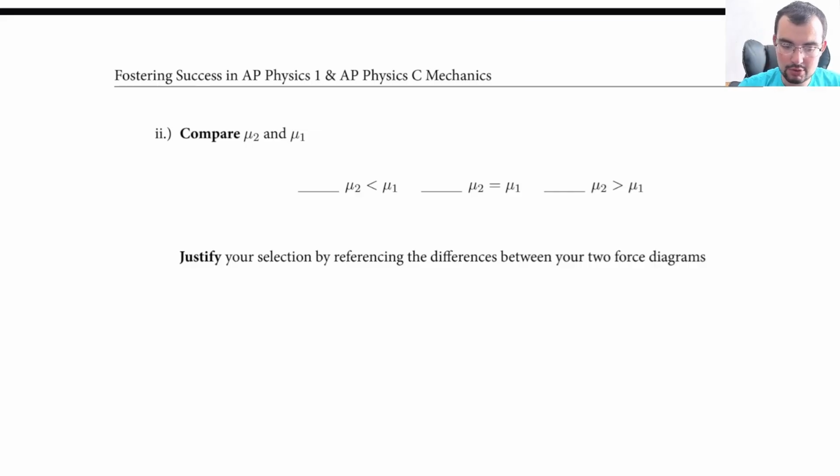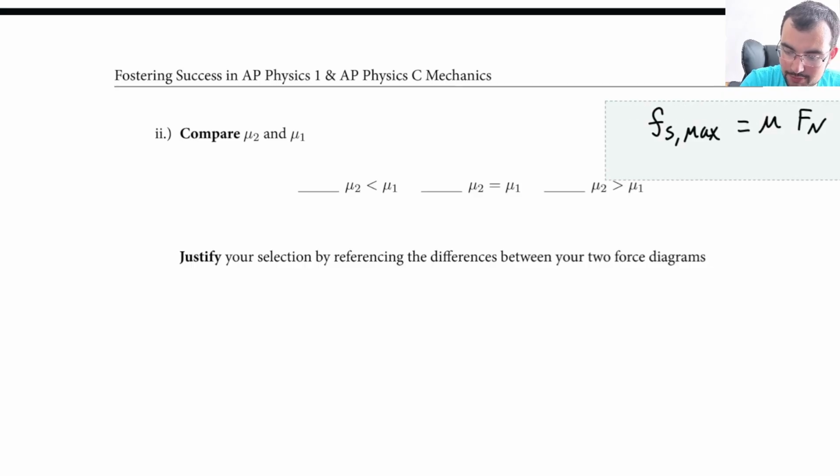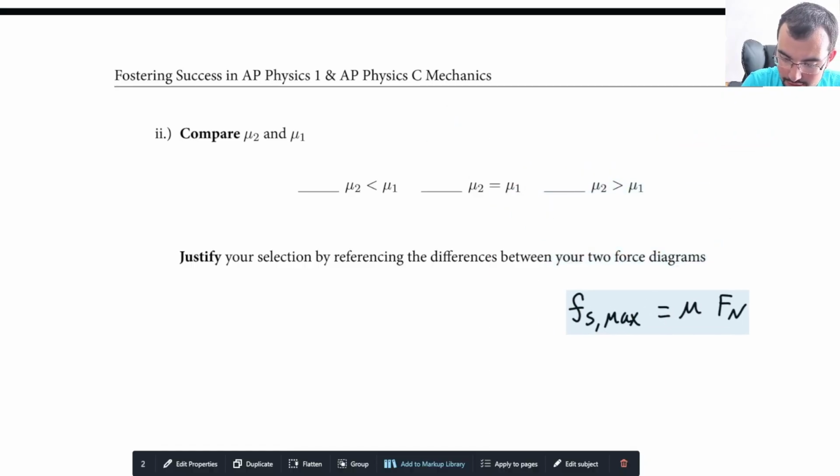So what do I mean by that? You're going to see a huge paragraph spawn in right now, but static friction max is equal to mu times Fn. So here's the crux of my argument that I'm going to make down here.